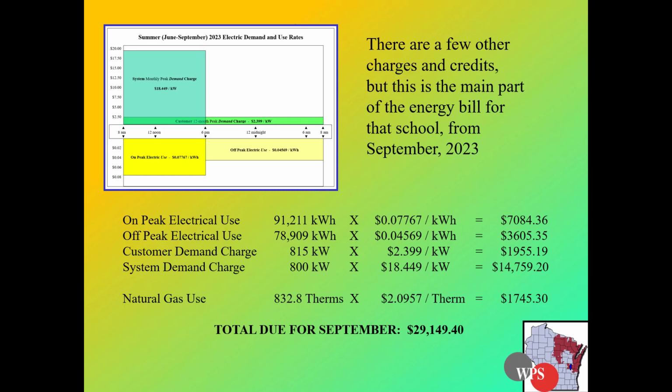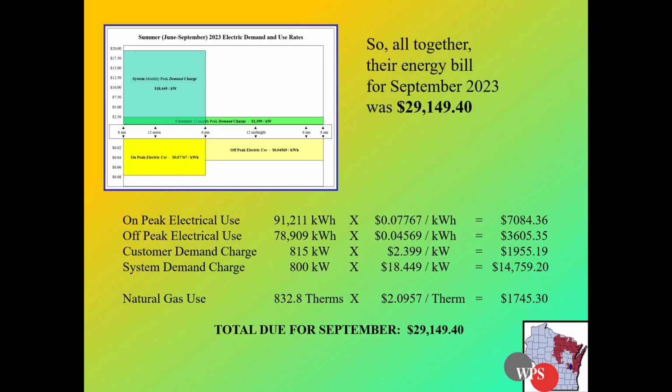There are a few other charges and credits, but this is the main part of the energy bill for that school from September 2023. So altogether, their energy bill for September 2023 was $29,149.40.